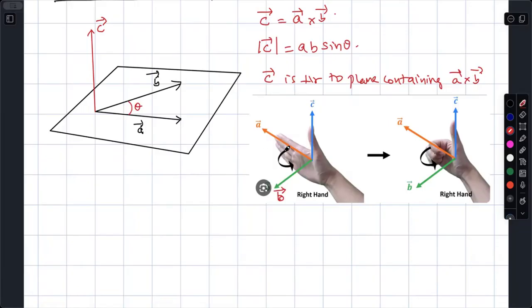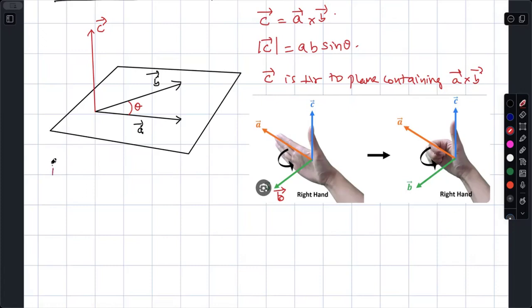The output is also a vector, given by the direction of the right hand thumb. I repeat, set the four fingers of the right hand first in shake hand mode. Set the four fingers in the direction of A bar. Turn the four fingers towards B bar. Now the thumb, which is erect vertically up, represents the direction of C bar. Now it is very clear from this picture. I can confidently say that from this particular picture, you can understand the direction of C bar.